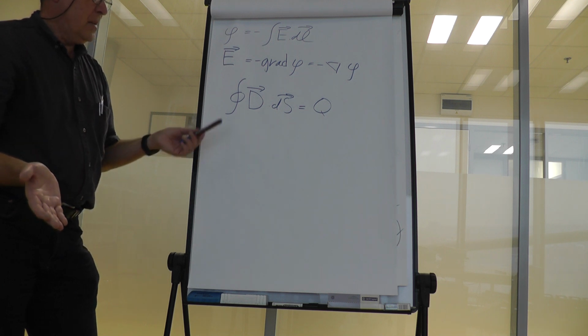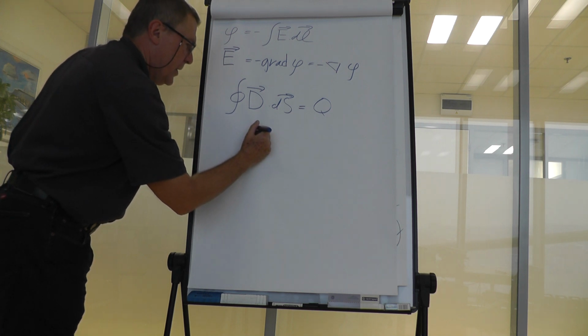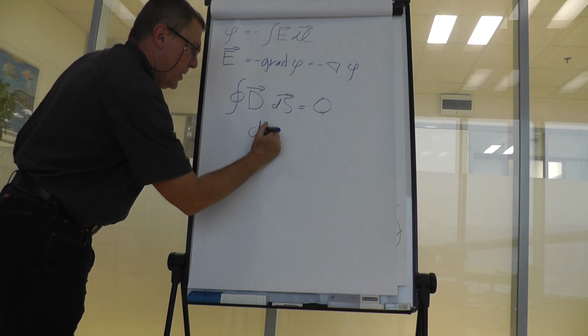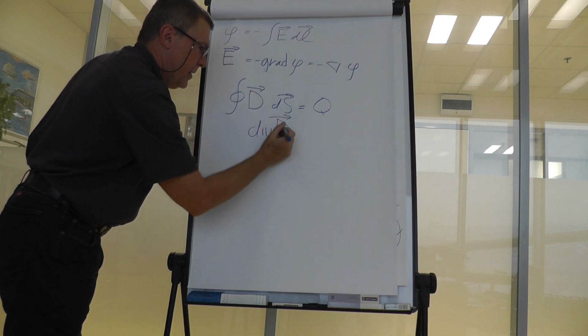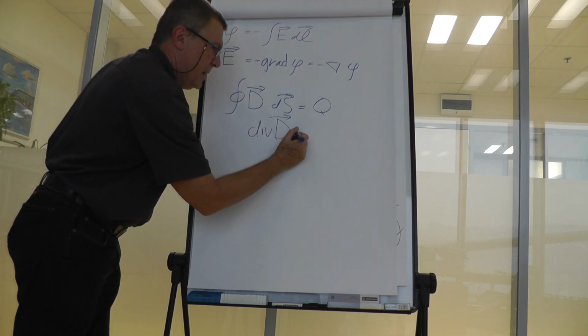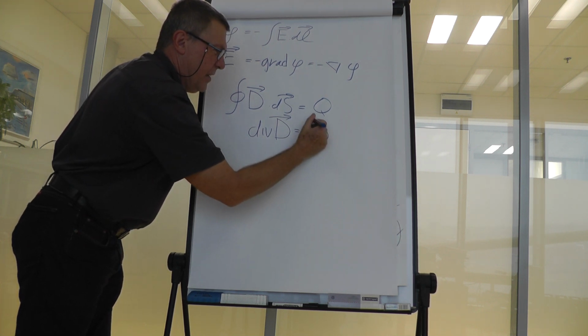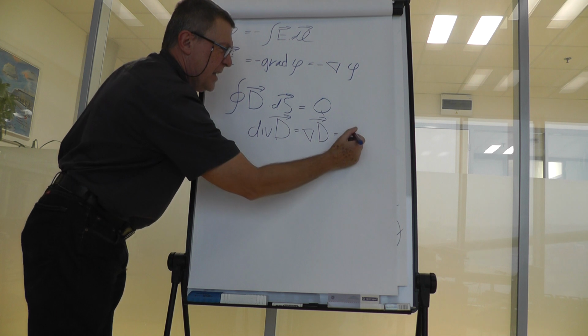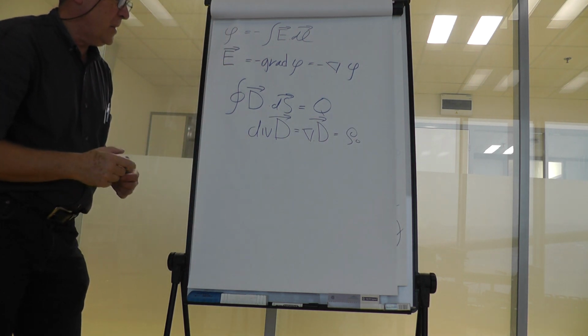This has a differential counterpart. Divergence of D, that is nabla D, and that is the density of free charge.